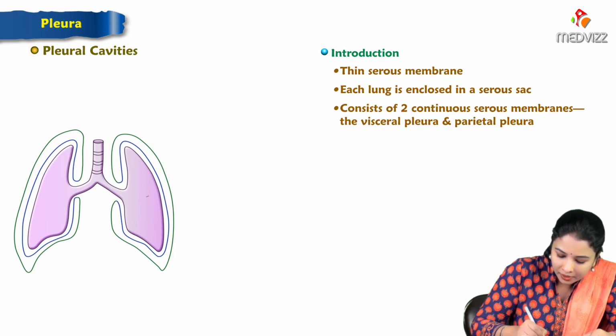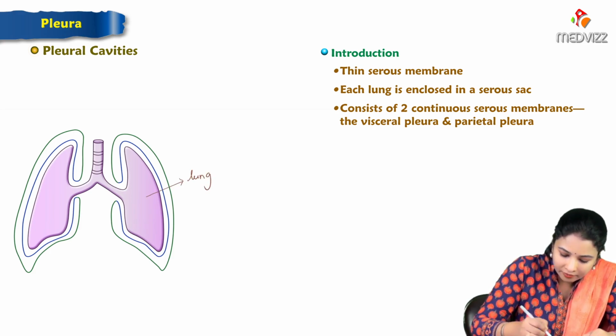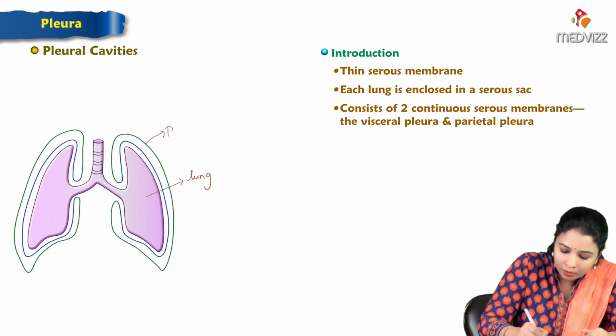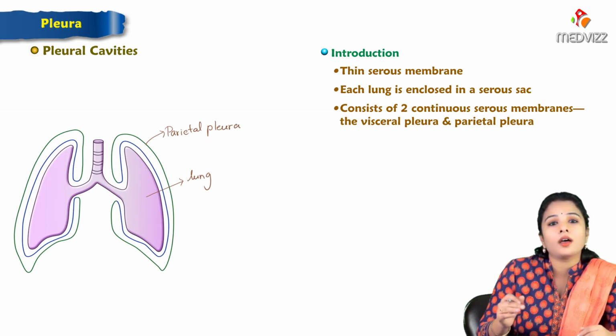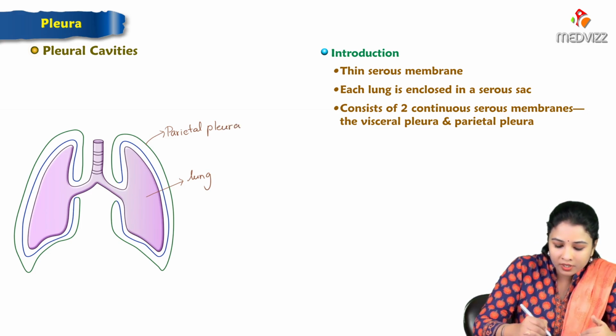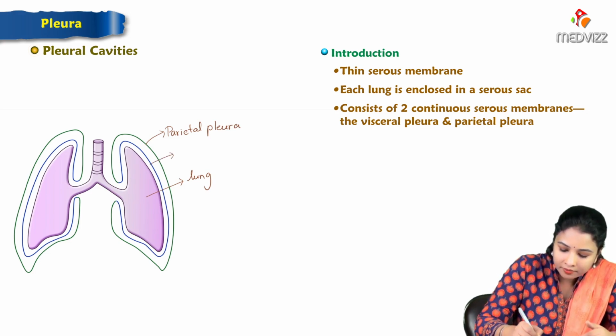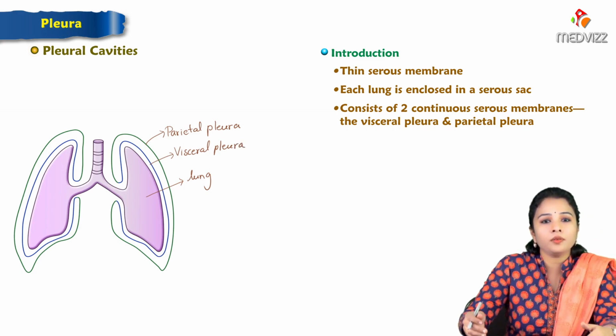The purple colored ones are the lungs, right and left lungs, covered by a double layered serous sac. This green colored outer lining is the parietal pleura, and the deeper one, which is along with the lungs, is the visceral pleura.